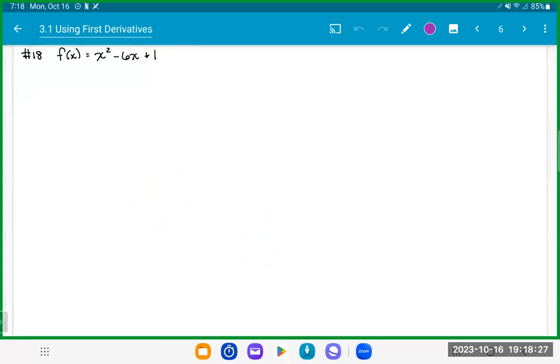All right, so let's look at a problem where we have our function equals x squared minus 6x plus 1. And so the instructions for this part is they A, want us to find the critical values, and B, find relative extrema. Okay, so first let's look at our critical values.